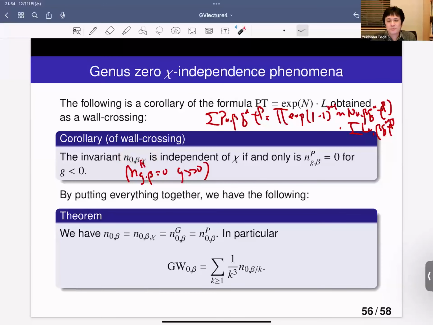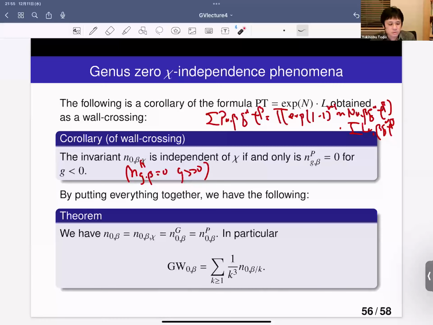In many cases we know that this is true by computation, but so far there's no conceptual understanding. I will also explain next time that there are some recent works by Maulik-Shen and also Kinjo-Koseki, which give some conceptual understanding of this phenomenon, not only in genus zero but also in higher genus.